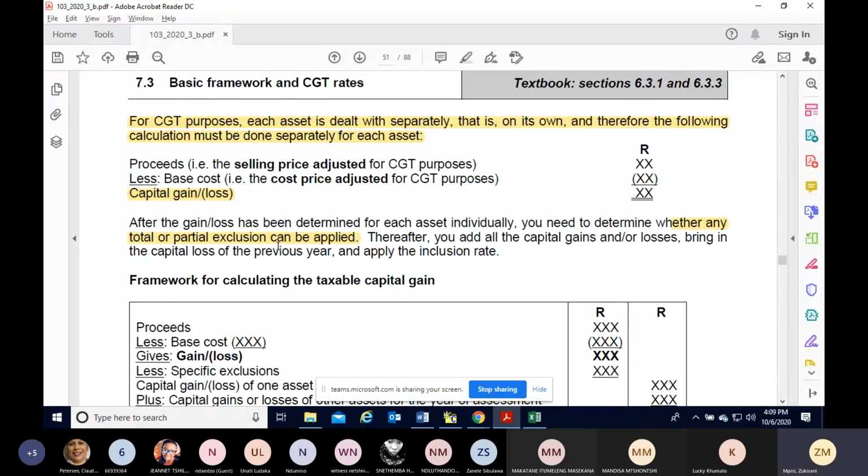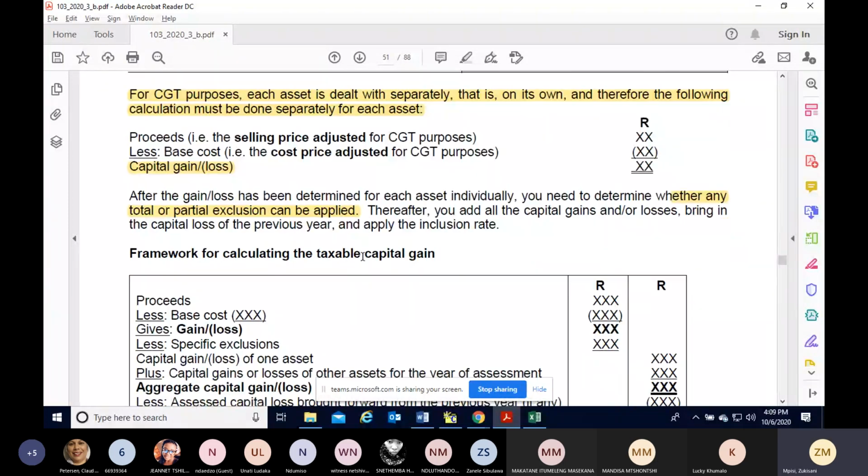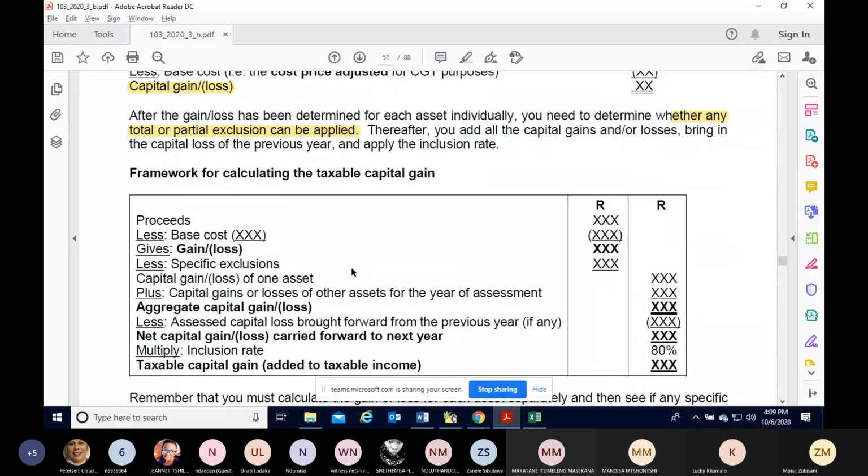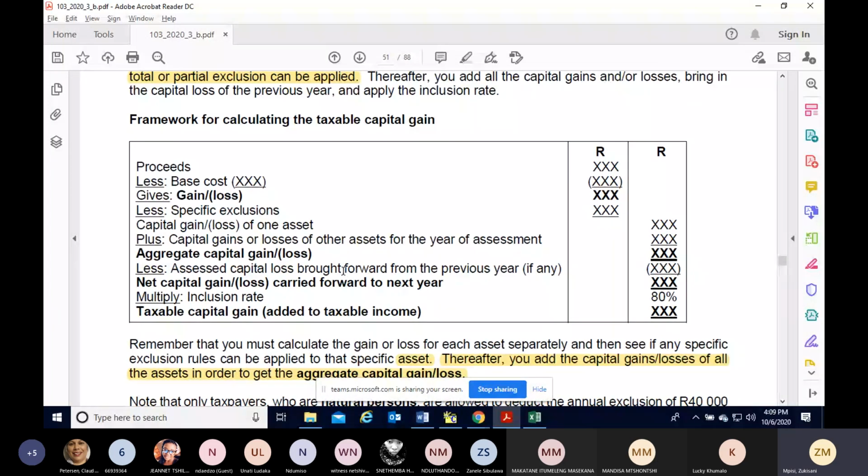So after a gain or loss has been determined for each asset individually, you need to determine whether a total or partial exclusion can be applied. So we'll also cover the exclusion, but the important thing is this is the framework of calculating a taxable capital gain. It is proceeds less base cost, gives you a gain or loss, less specific exclusion.